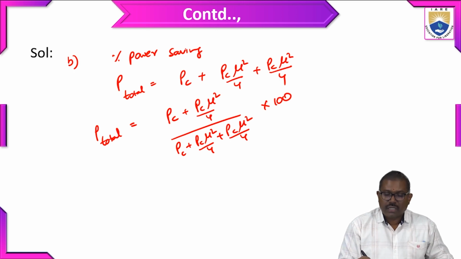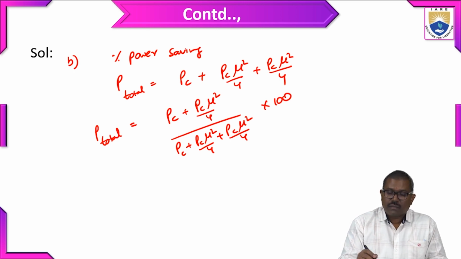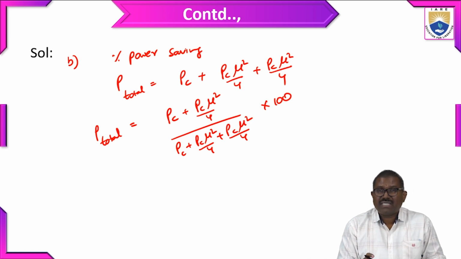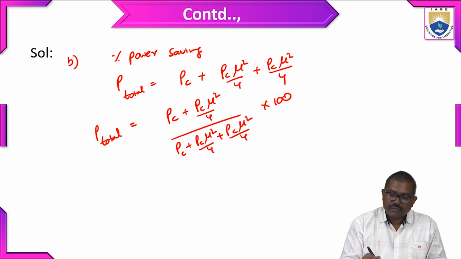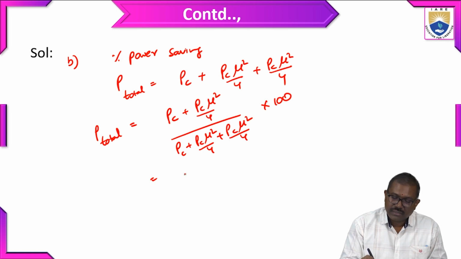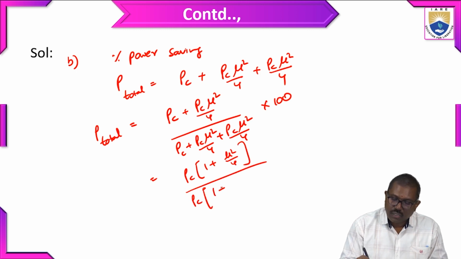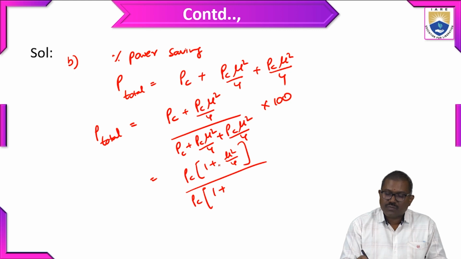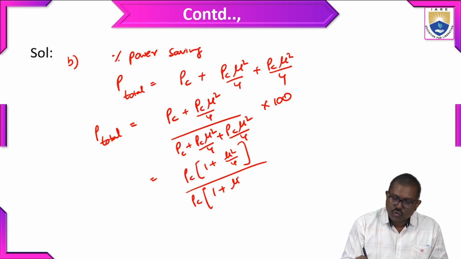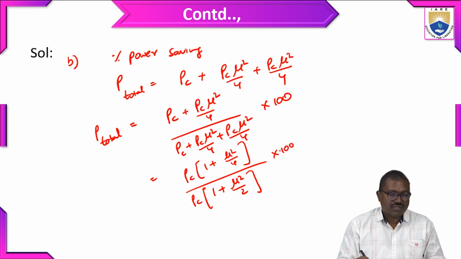In this expression I can take PC common: 1 plus mu square by 4 divided by 1 plus mu square by 4 plus mu square by 4, that is 2 mu square by 4, which means mu square by 2, into 100%.